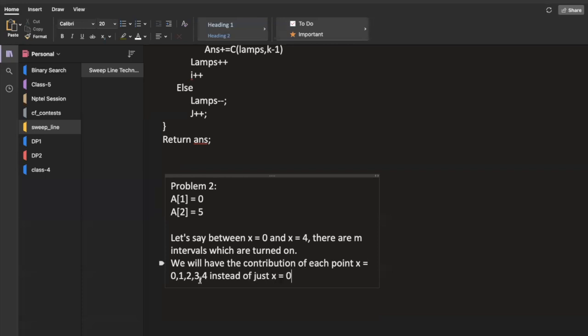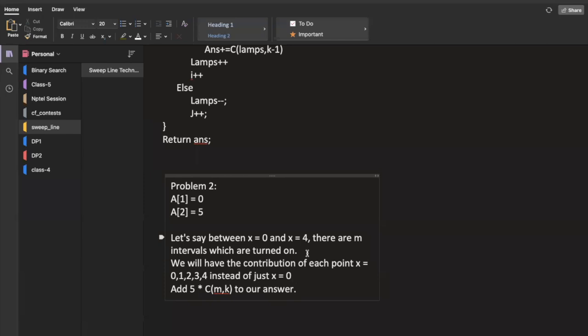But the contribution of all these points will be exactly the same because the situation is exactly the same, right? So we can just find the contribution of x equals to 0 and multiply it by 5 because there are 5 points here, right? Make sense? And the value of the contribution remains exactly the same as it was before. So we'll simply add 5 into mCk to our answer.